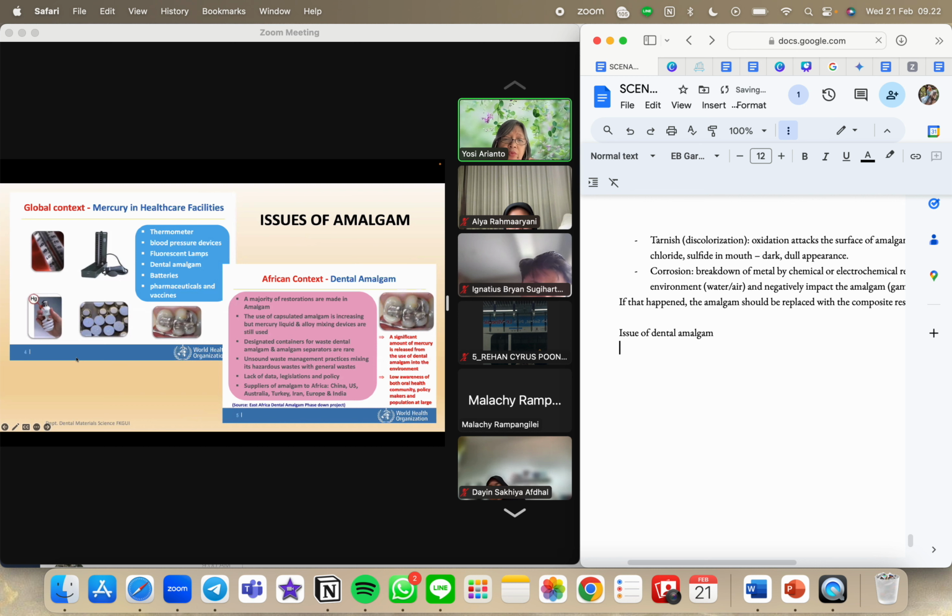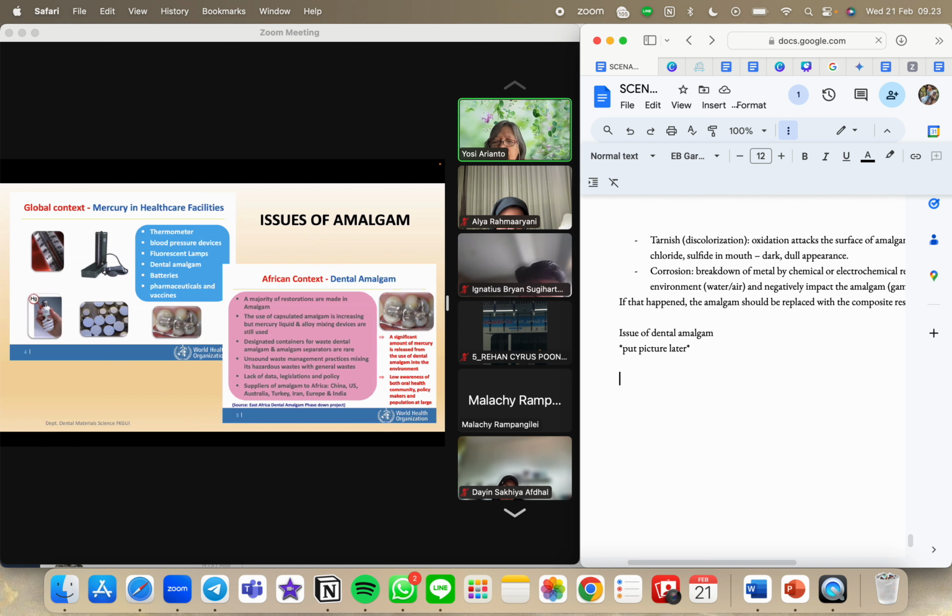The World Health Organization and the Ministry of Health also gave information to not use it. Dental amalgam is not banned because the majority of earlier restorations were made with it, and in Africa they still use it.